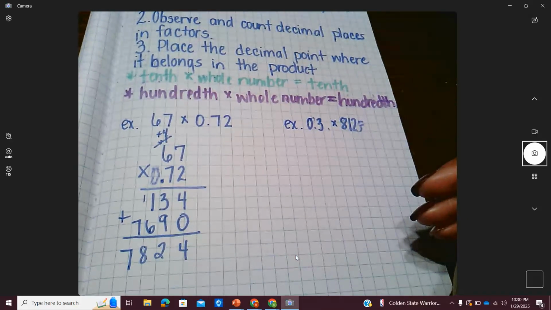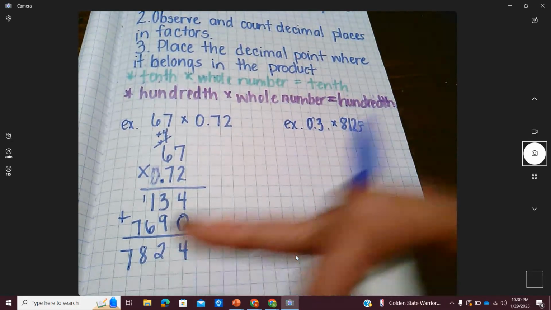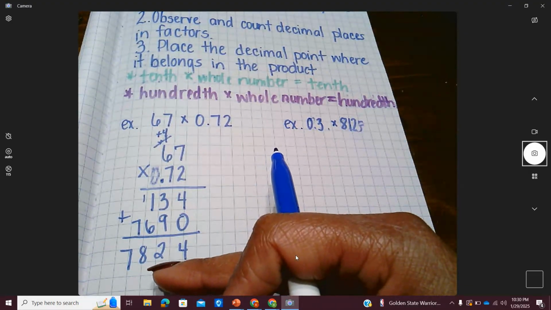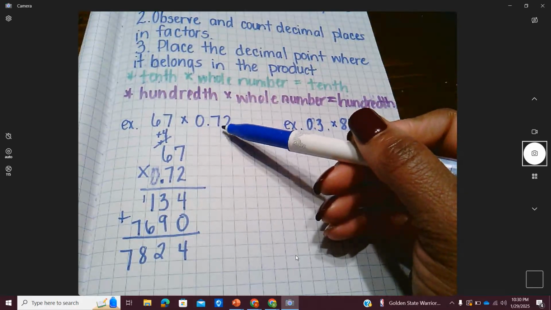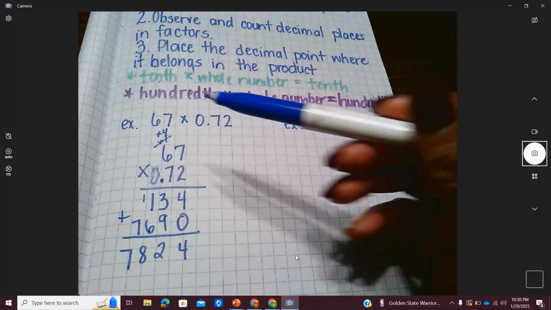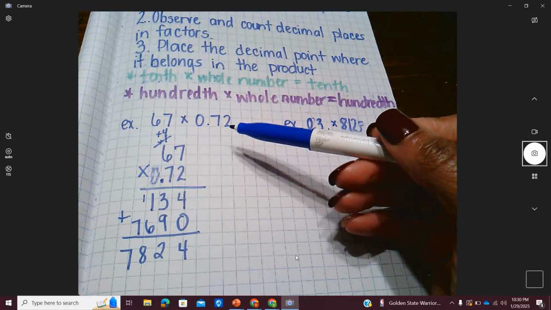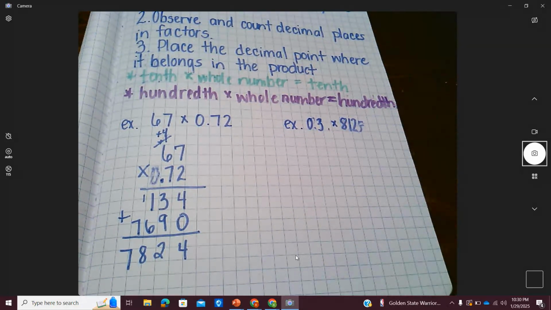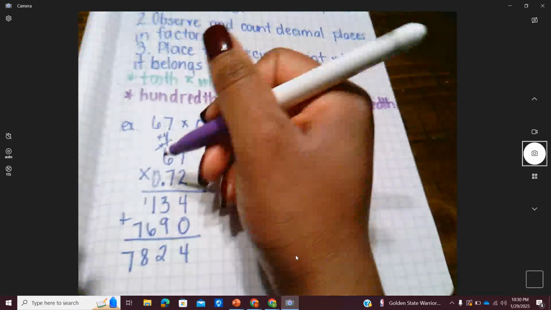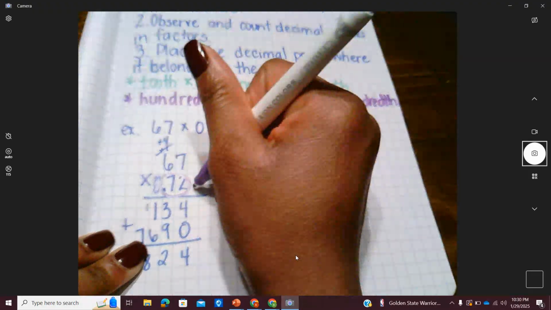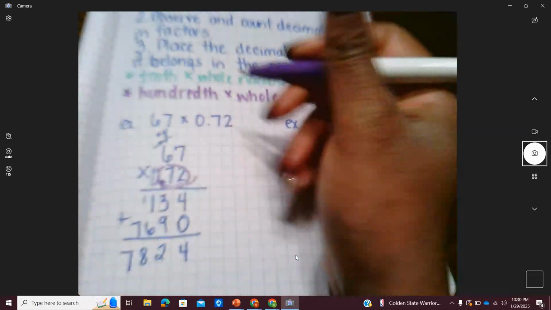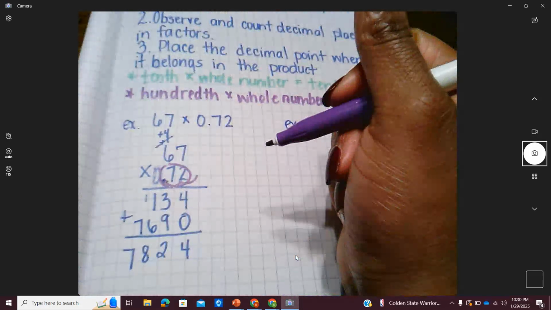So what's going to happen here? I'm noticing that when I multiply with whole numbers, I have 7,824. But I know that I didn't actually multiply by 72. I actually multiplied by 72 hundredths. So when I multiply a hundredth times a whole number, this 72 hundredths is a hundredth, and I'm multiplying it by a whole number.